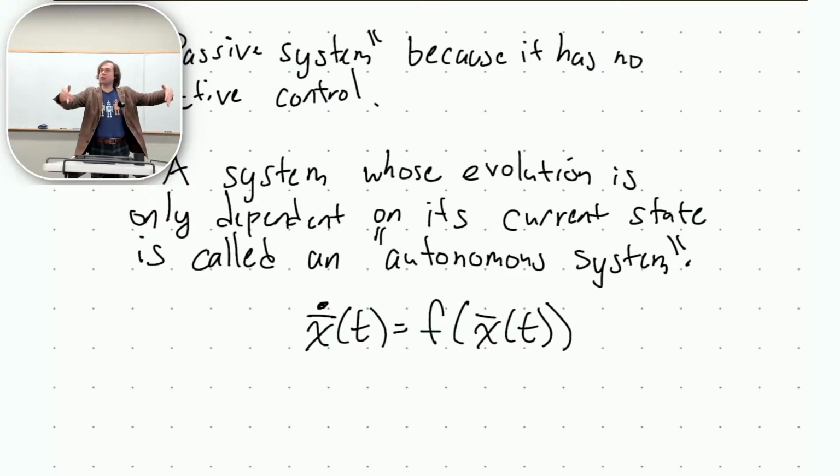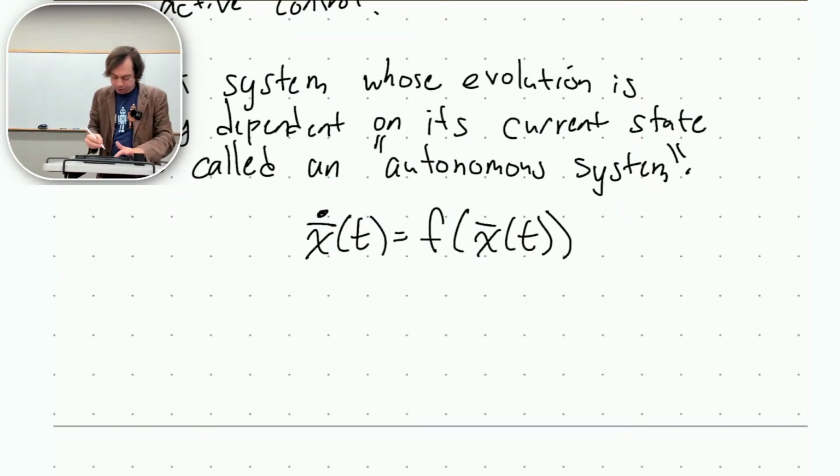We want to be able to change stuff about it from the outside, right? Who's in charge of the controller? We are. So this is a cool form. We're going to try to find a way to take this control-based system where we are not autonomous and then turn it into something autonomous. All right? So let me show you a little bit how autonomous systems are actually really handy to work with.